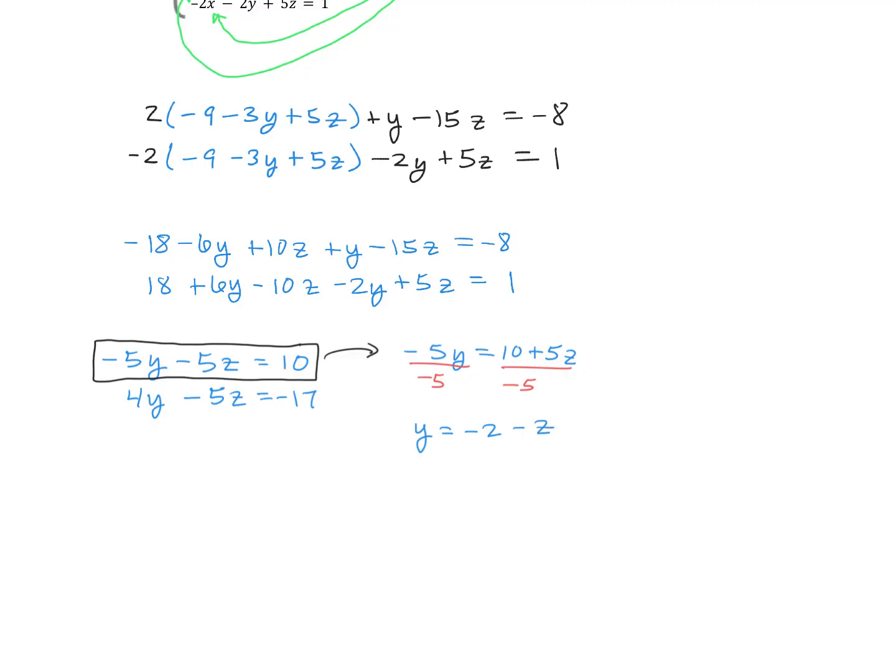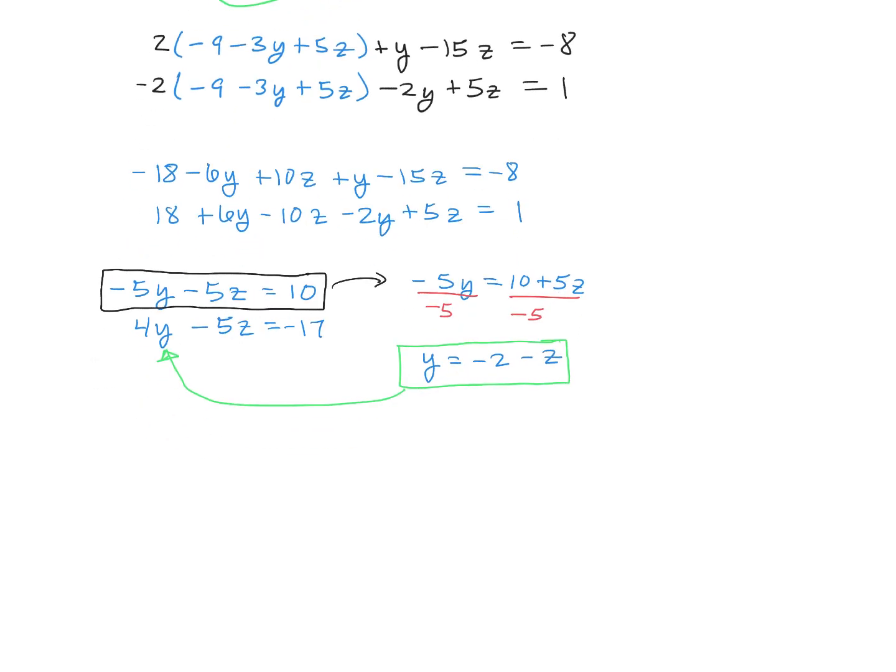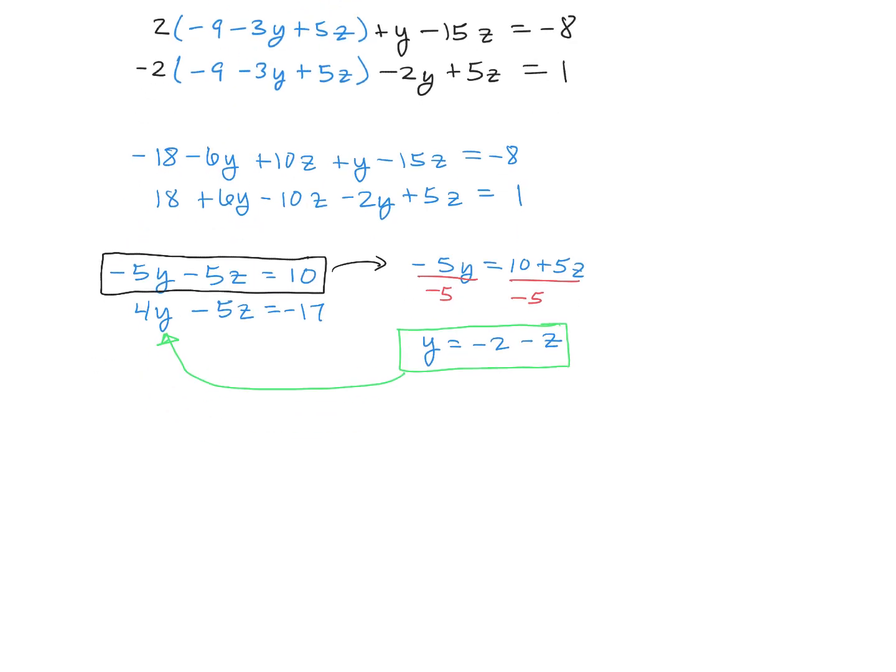We're now going to take that and we substitute it into the other equation. So that goes into that y right there. So we've got the 4 already there times the negative 2 minus z minus 5z equals 10. Oh, nope, supposed to be 17 there.